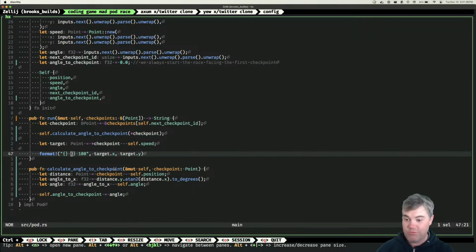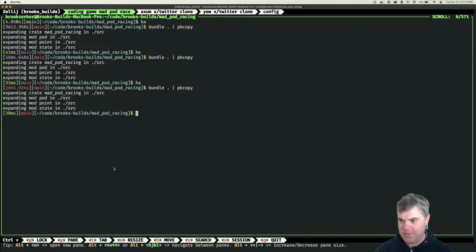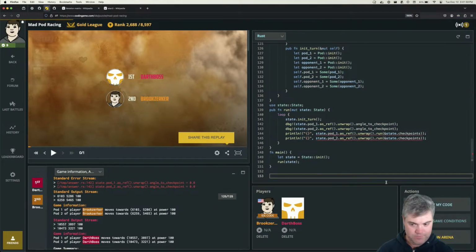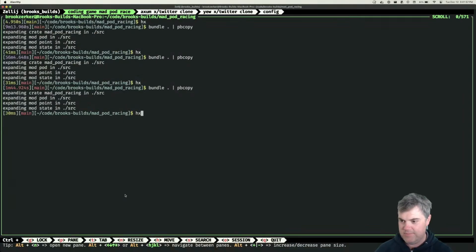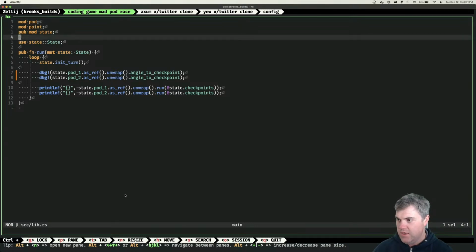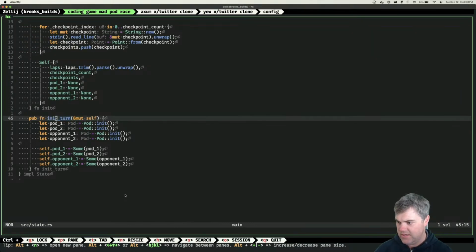Okay, so I actually run this now. That should help. Ooh, it didn't like that. Cannot borrow data in a... Okay. So that happens in, oh, we have this init turn that has that mut self.